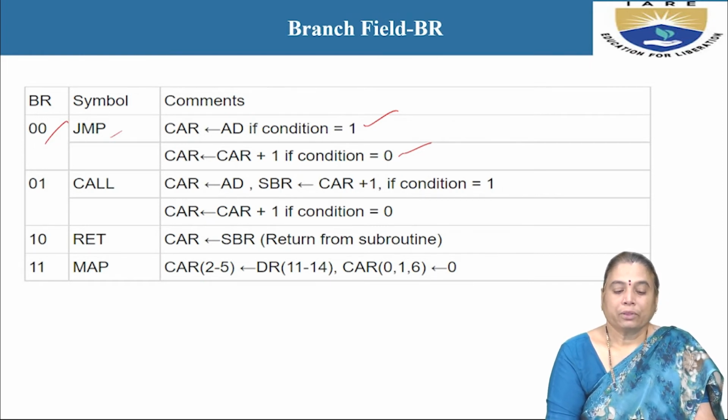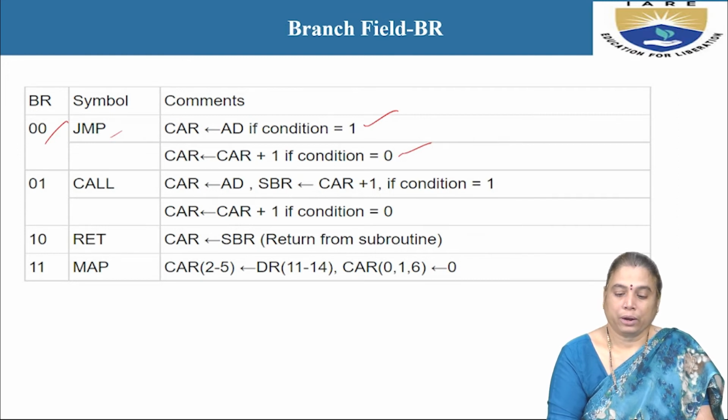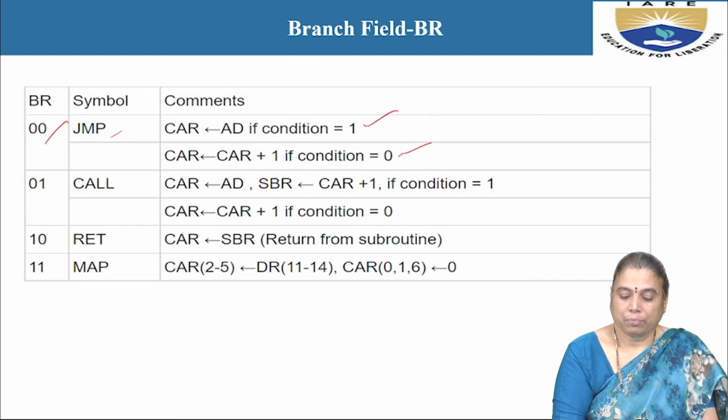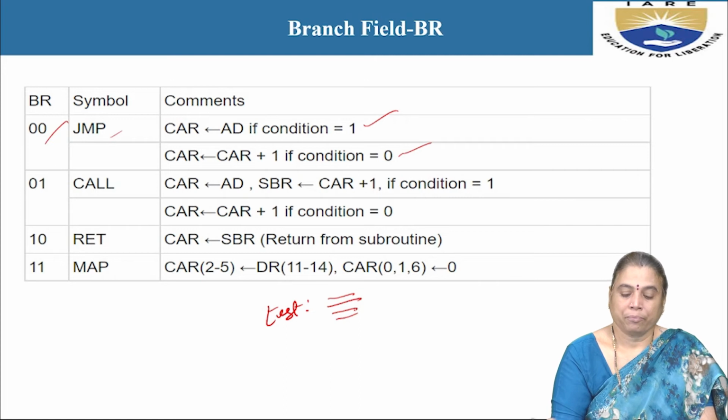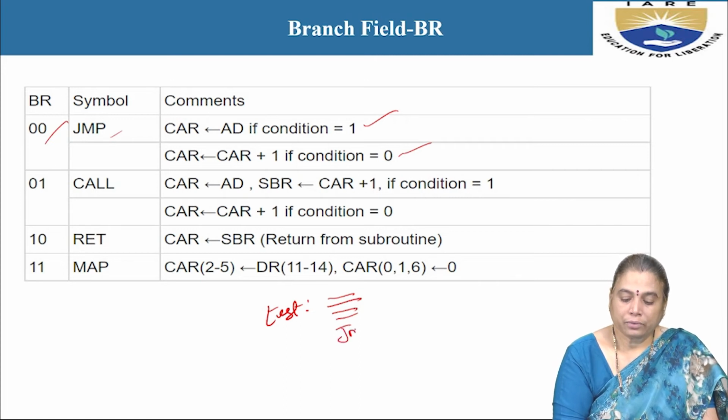So here the jump operation is used to transfer the current program control to a specific label, and from that onwards the program is executed. For example, in the program a label is there, say the label name is test, and from this the assembly language program follows. If a statement JMP test is there, then the program transfers.